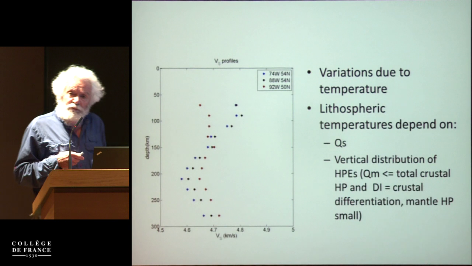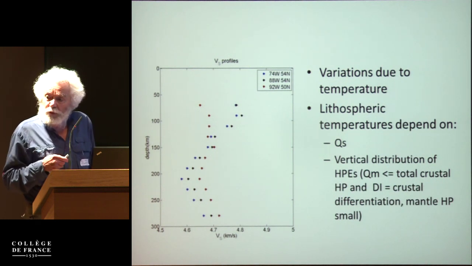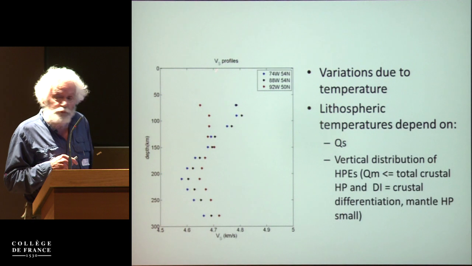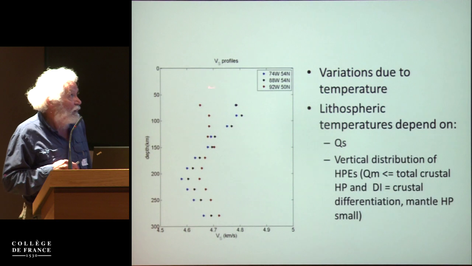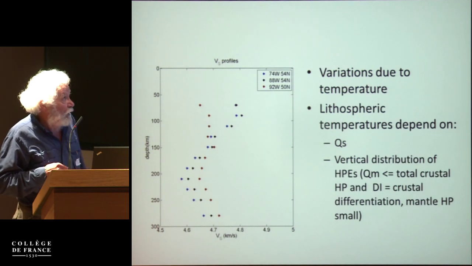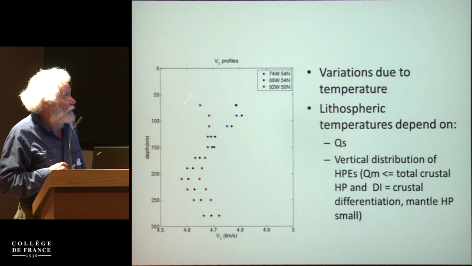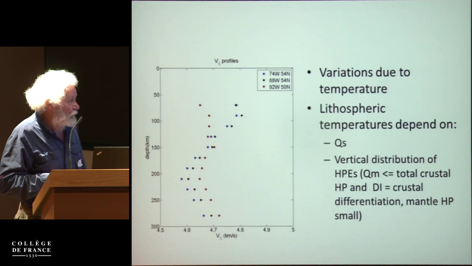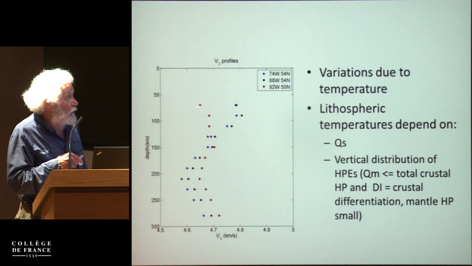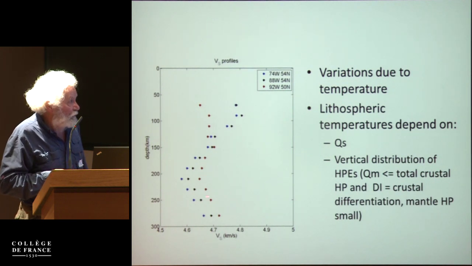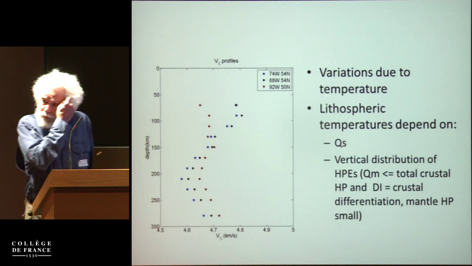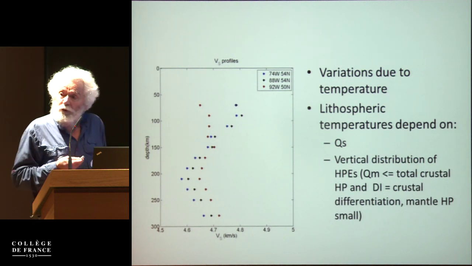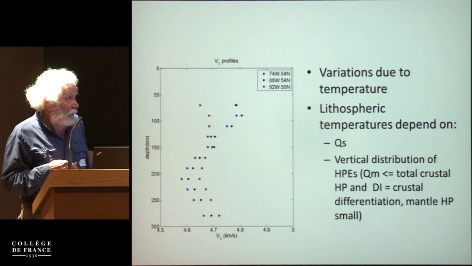And these variations can probably be resolved by the shear wave velocity profiles that have been obtained by inverting surface wave tomography. Here we see three shear wave velocity profiles from 60 to 300 kilometers. Okay, this one seems a little bit pathetic, but the other two look very much like the profiles that we have obtained from the temperature profile.